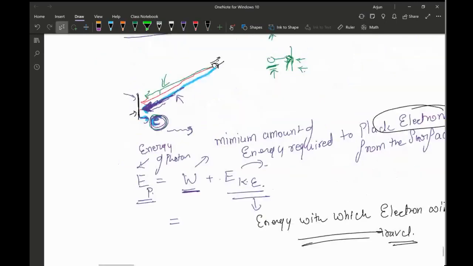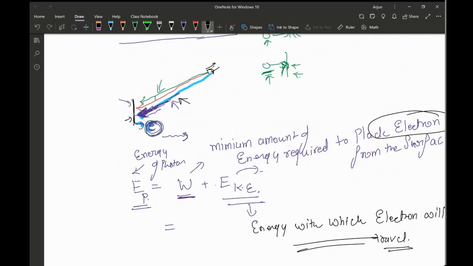So for example, the energy with which it is striking this surface is 10 joules, and the minimum amount of energy required to pluck the electron from this surface is 4 joules. So this will become 10 equal to 4, and the rest will convert into the kinetic energy with which this electron, which came out of the surface, will travel. So 4 plus 6. That's how you can calculate the energy of the moving electron.